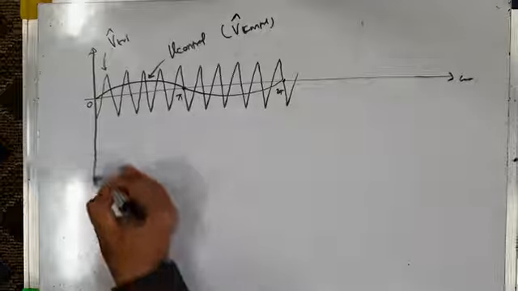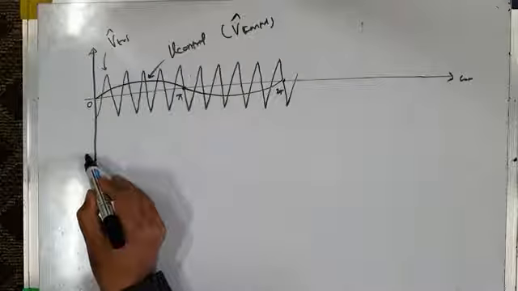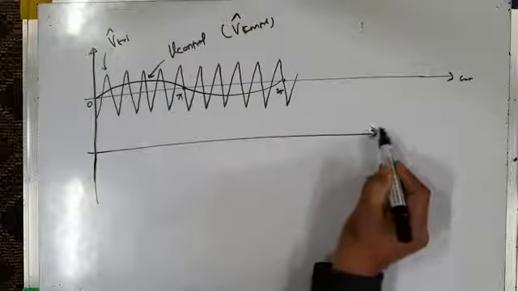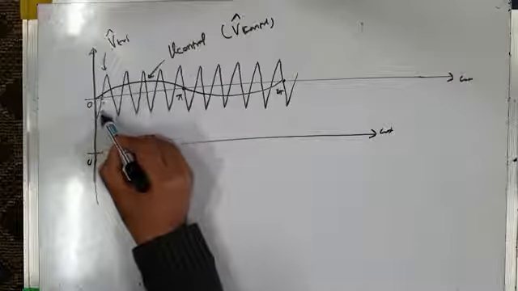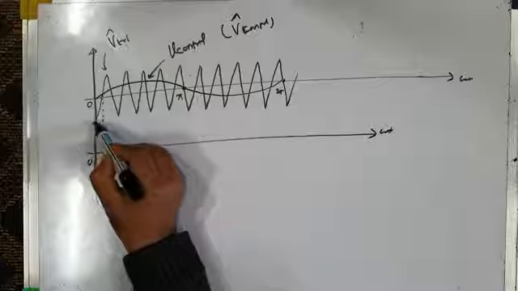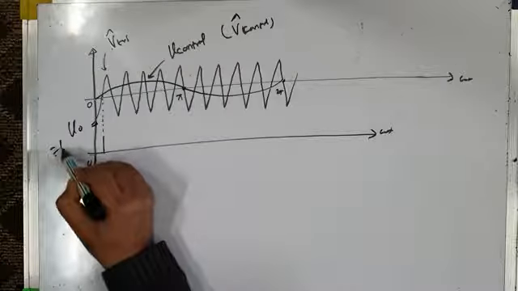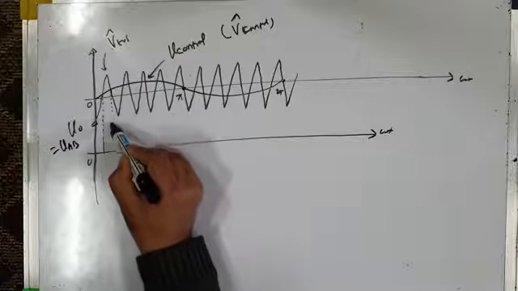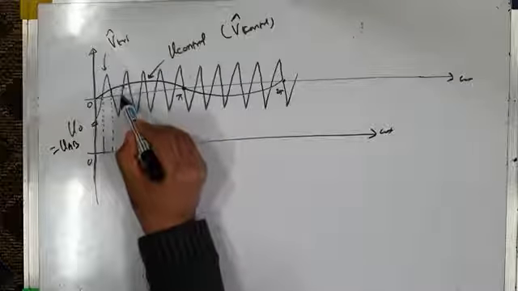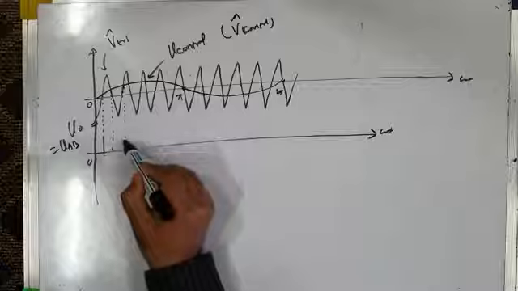Okay, the inverter output voltage I will again develop. I will draw the inverter output voltage V0, which is equal to VAB, drawing these projections again for your reference.